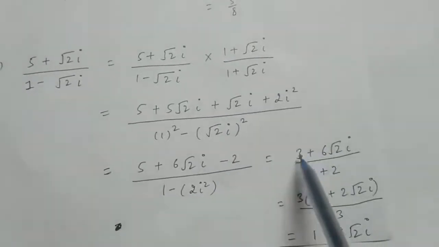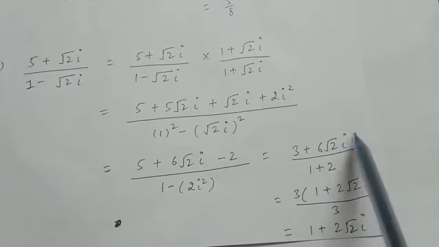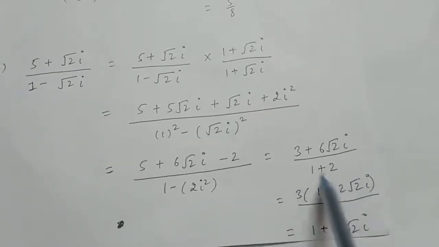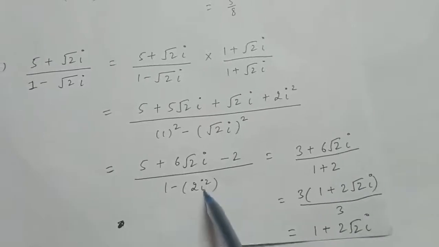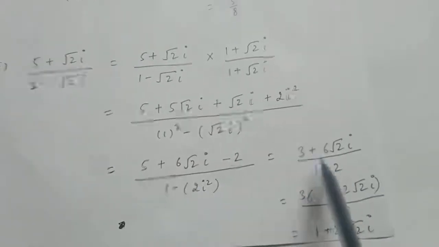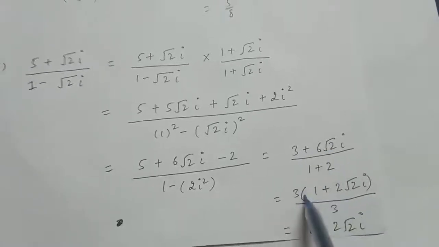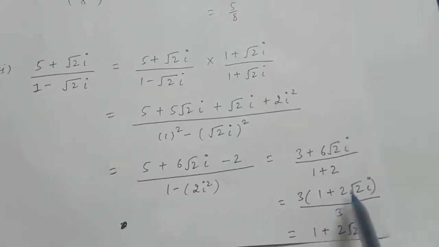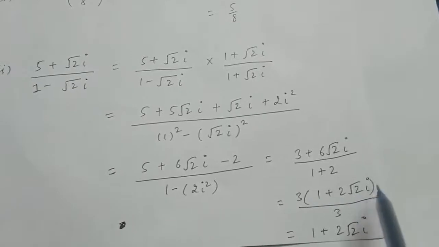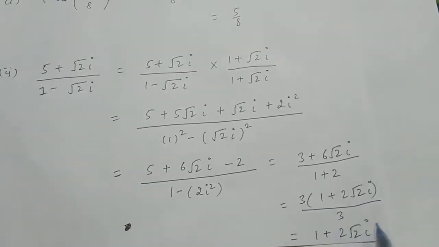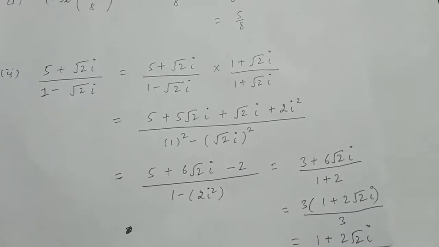So 5 minus 2 is 3 plus 6 root 2 iota upon 1 plus 2, why plus 2? Because iota square is minus 1 and minus minus becomes plus, right? Take out 3 common from the numerator, so you will get (1 plus 2 root 2 iota) upon 3. Cancel out this 3, so you will get 1 plus 2 root 2 iota, right?